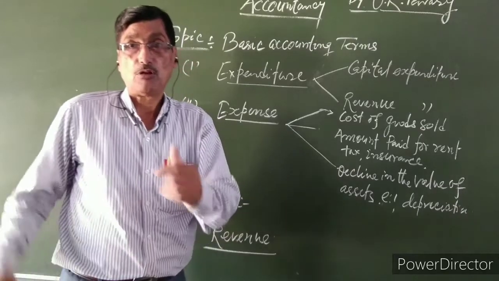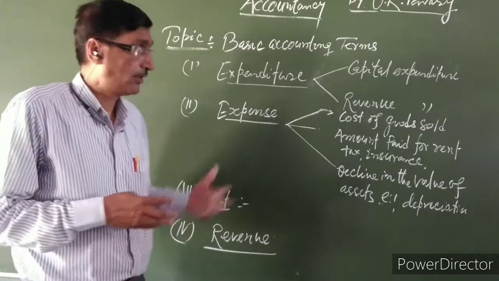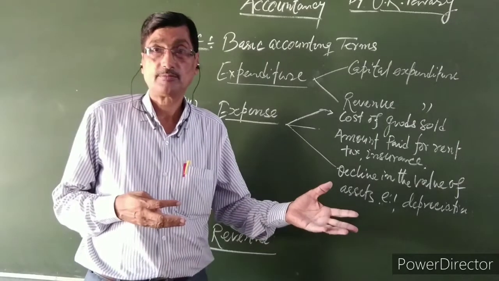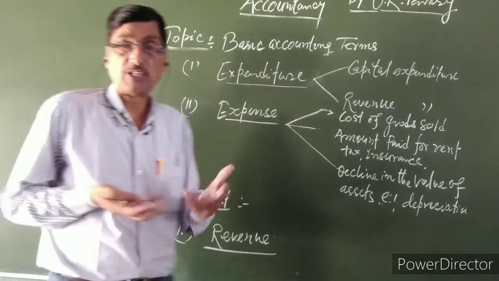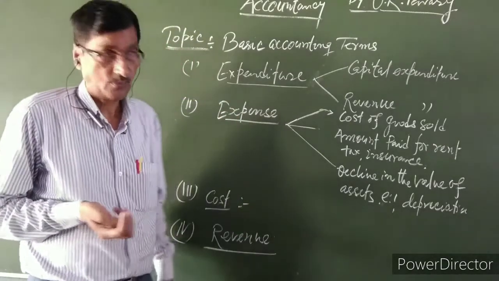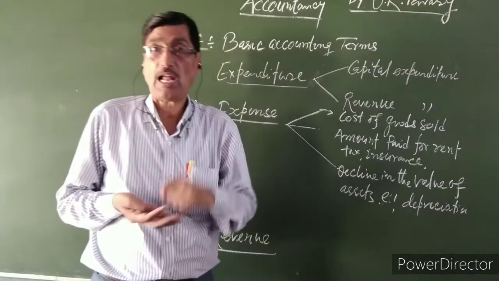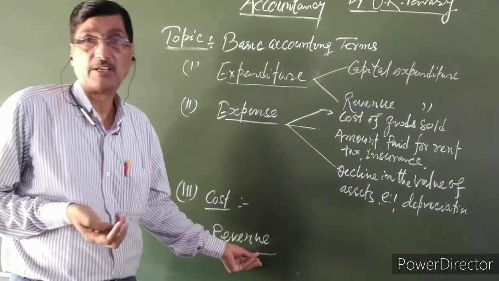Revenue is all those earnings which are generated on the sale of the product. Suppose X company produces 2000 units and sells them for rupees 40 lakhs. Such 40 lakhs is termed as revenue.